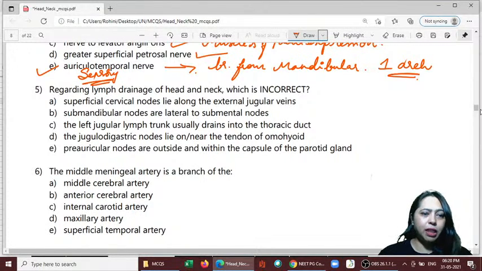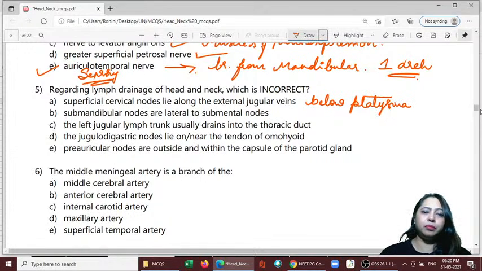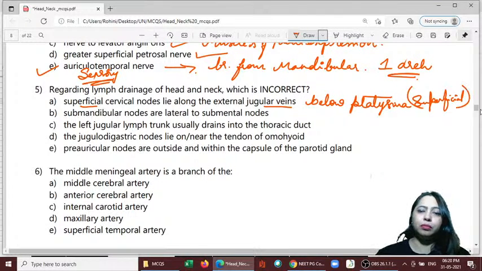Is it superficial cervical nodes? Now remember, there is the external jugular vein in the neck just below the platysma. That's why this is also superficial. Next, submandibular lymph nodes are lateral to submental lymph nodes.